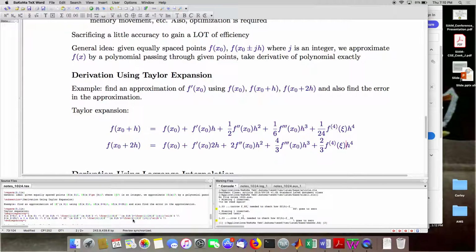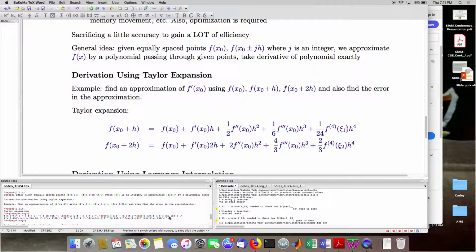And actually, I'm going to name these unknown points. They are different in each Taylor expansion, so I'm going to call them C1 and C2.